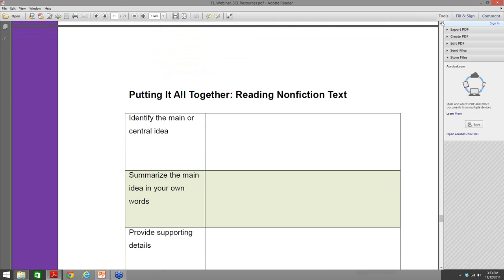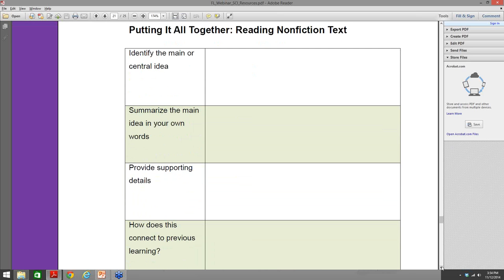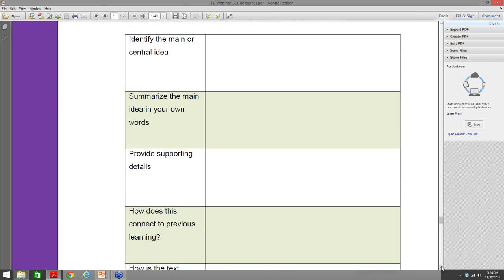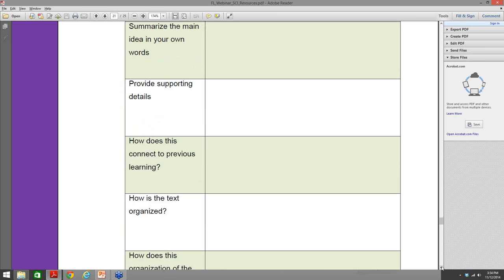And again, it just helps students to outline the things that we know they need to be looking for to be more effective readers. So as they're reading nonfiction text, be it social studies, science, or something for RLA, can they identify the central or main idea? Can they then summarize that in their own words? And there we have that textual evidence, provide those supporting details. But I like what this graphic organizer does with this next question.